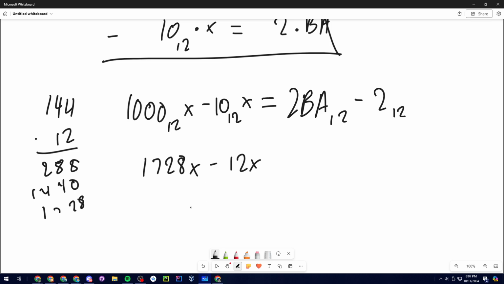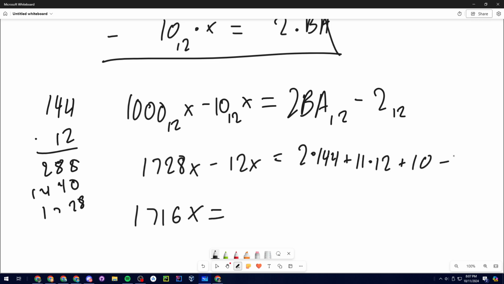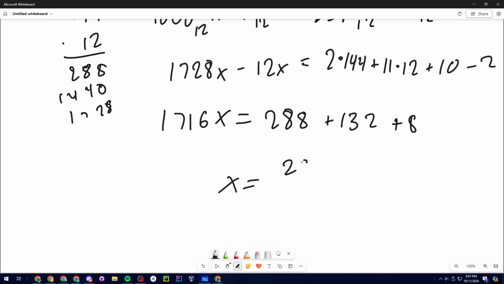Now, this is just 1728 minus 12, which is 1716, equal to 2BA minus 2, so 2 times 144 plus 11 times 12 plus 10 minus 2. So yeah, 288 plus 132 plus 8. So now x is just equal to (288 plus 140) over 1716.